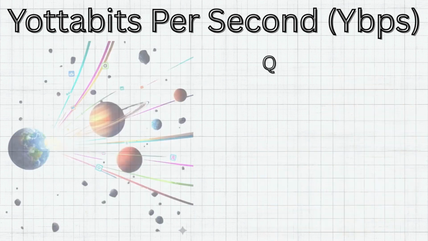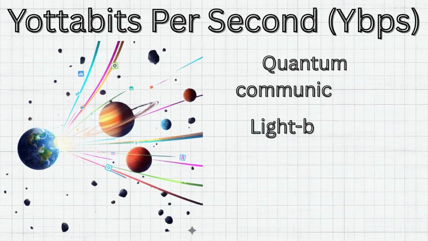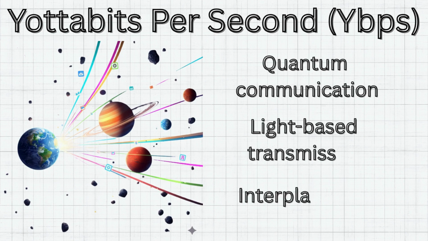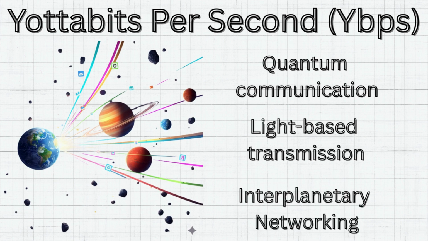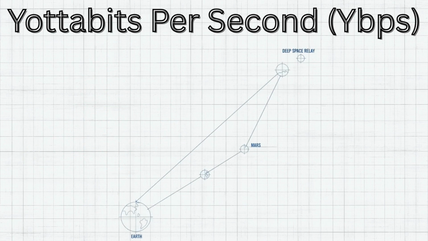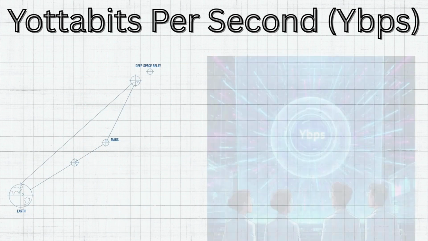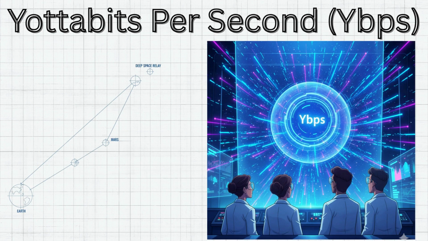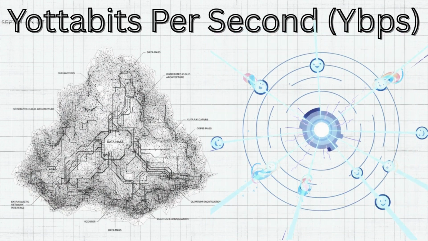Concepts like quantum communication, light-based transmission, and interplanetary networking are often discussed in relation to YBPS. While this level of speed does not exist today, it represents the theoretical ceiling of data movement and hints at a future where information could be shared almost instantaneously across vast distances.